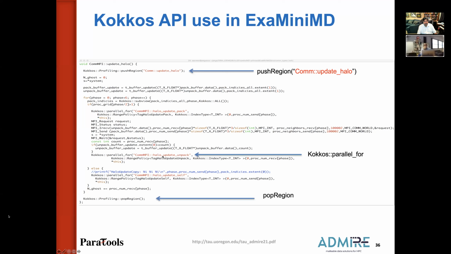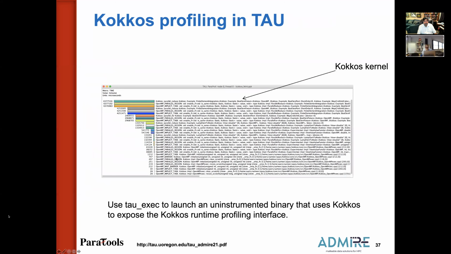So you can say this is the halo update unpack in the update halo function. Here is the halo update pack. Here is the halo update self. And these tags, or these first arguments, trickle through the Kokkos profiling interface to TAU, and you can measure the time spent in parallel_for operations or in these regions like this.